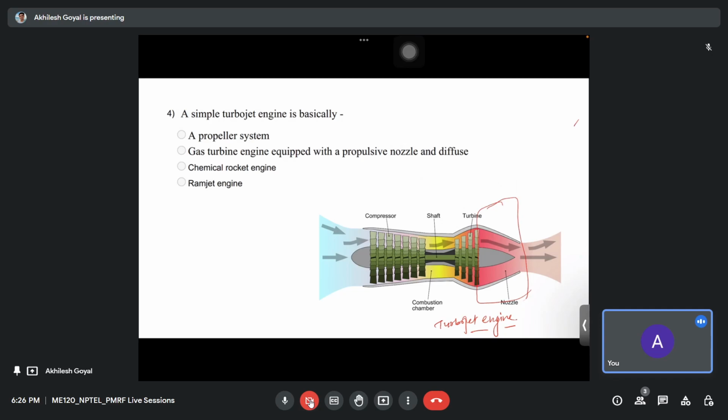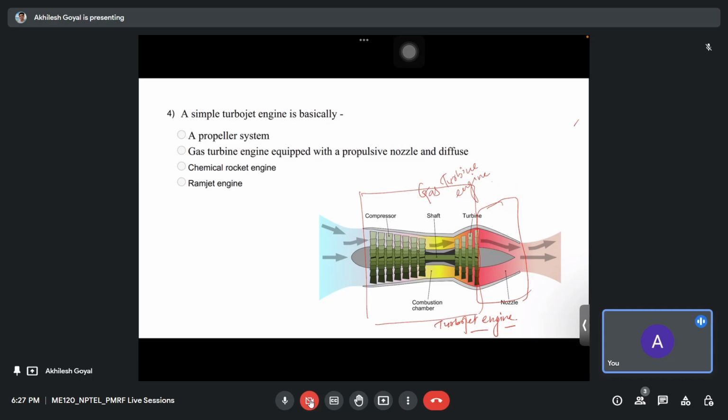It is a nozzle in case of subsonic velocities, and it is a diffuser in case of supersonic velocities. So this whole part including compressor, shaft, combustion chamber, and turbine is a gas turbine engine, and this gas turbine engine is equipped with the nozzle.